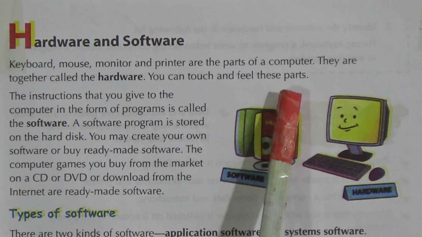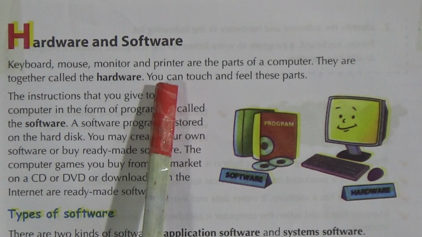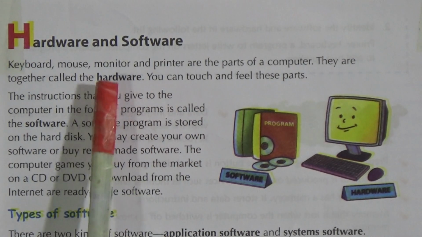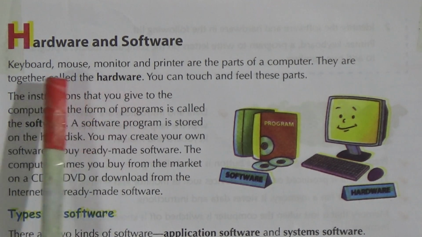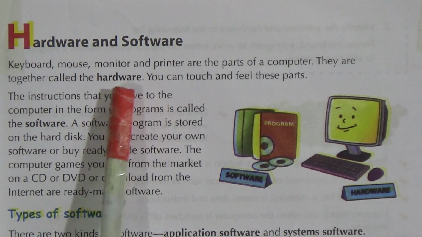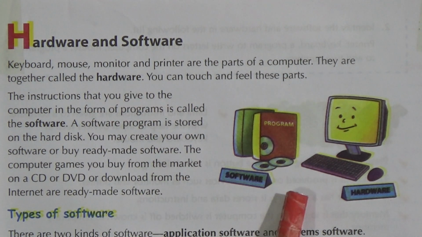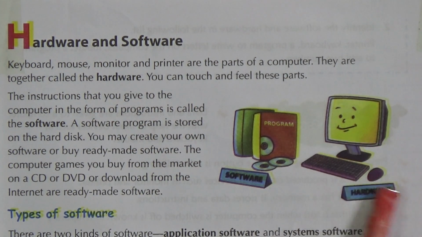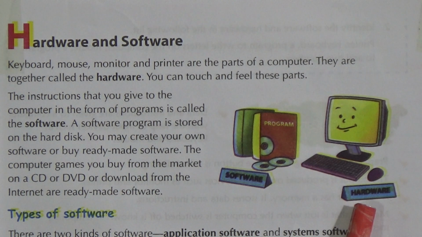So the parts of a computer we can touch and feel, we can see the machines of those parts, are called hardware. Keyboard, mouse, monitor, and printer are such hardware. Let's look at the picture. The monitor, the keyboard, and the mouse, you can see it, you can touch it, you can feel it. So these are called hardware.